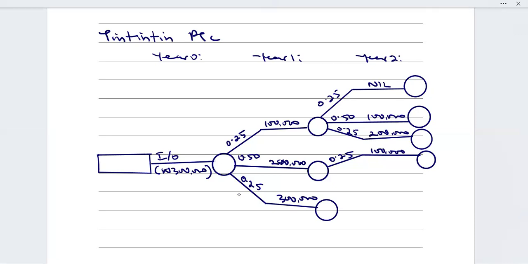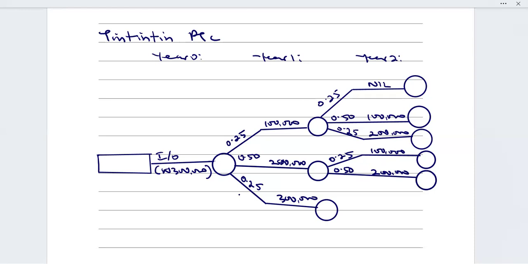Next, if cash flow in year one is 200,000, probability of 0.5 that cash flow in year two will be 200,000. So 0.5, 200,000. I will close the node.